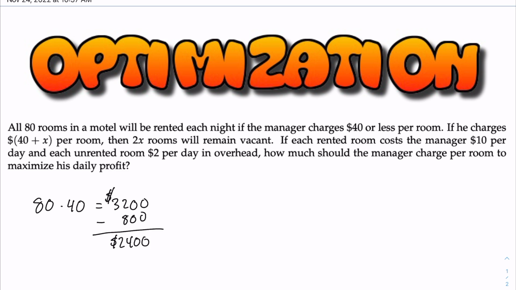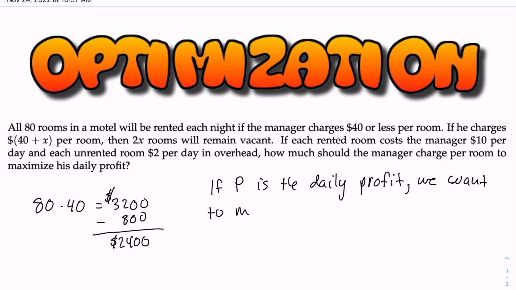So how can we do that? Well, let P be the daily profit, and we want to maximize the profit.